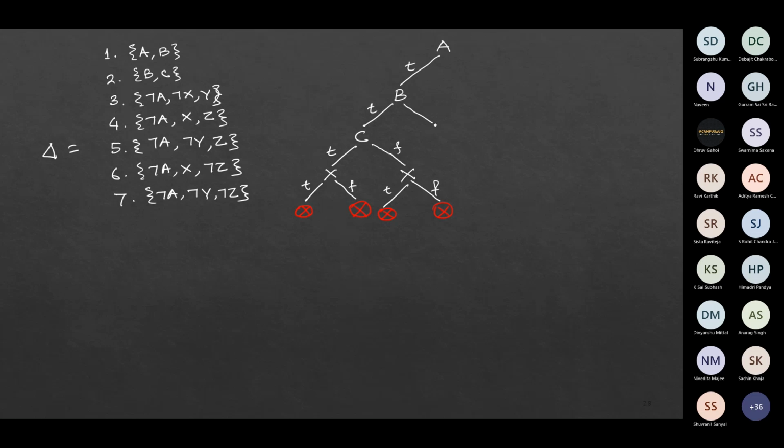And as we said, now we'll be backtracking to B. And what is the option left within B? We have to assign F to B. Now, if we assign F to B, we have to forcefully assign true to C in order to make this true, right? So you can check it out. Now we do not have a choice decision to make for C. As we do not have a decision to make at C, we'll be making a decision for the next variable X, right?